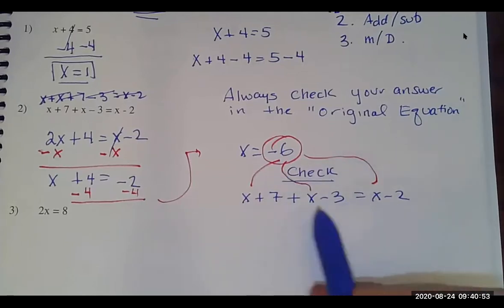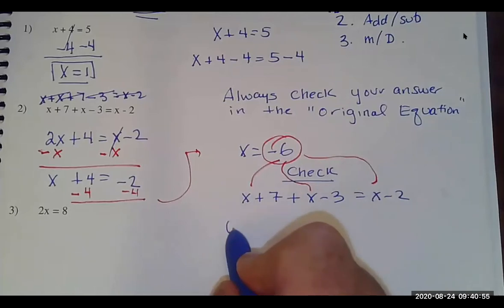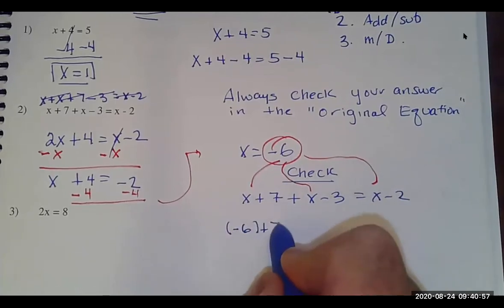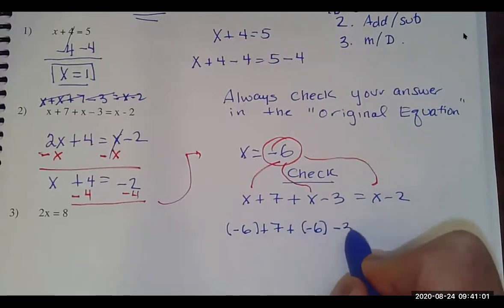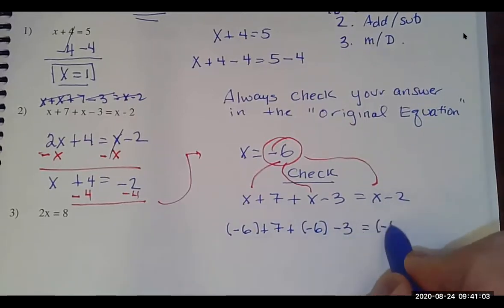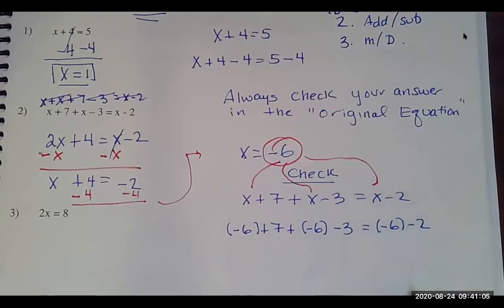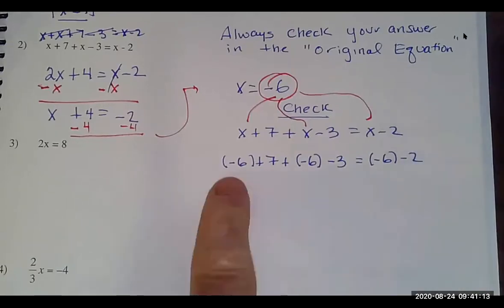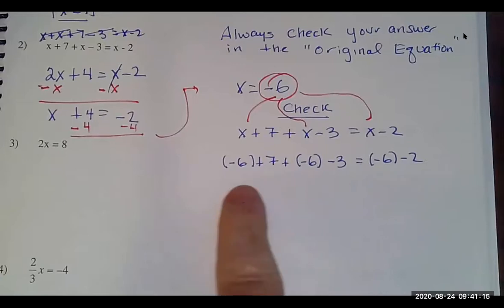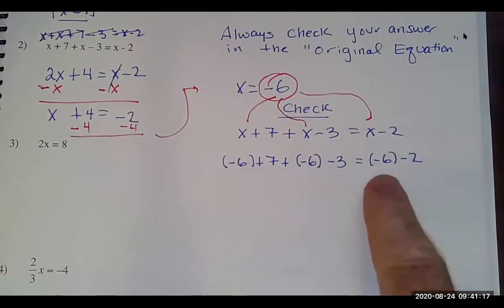It's going to get mixed up. So I'm going to go parentheses -6 plus... now what I'm going to do is just combine the numbers on the left-hand side and then combine the 2 numbers on the right-hand side and see if they're identically the same.